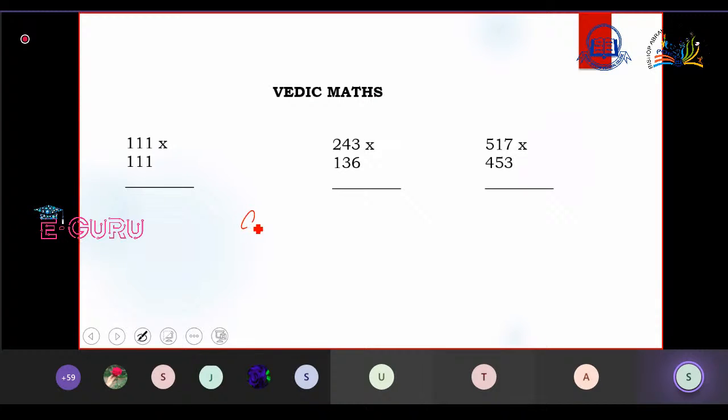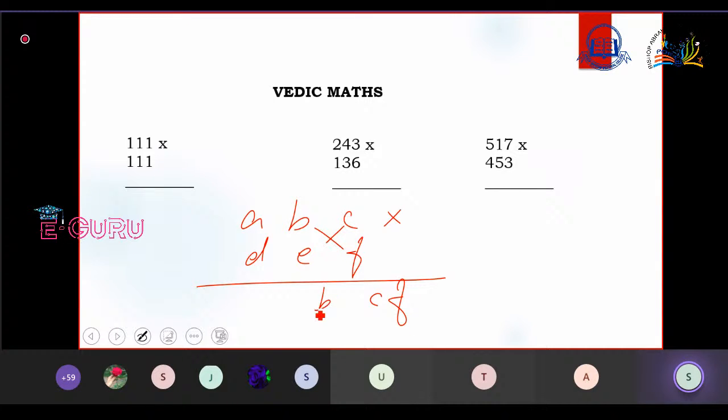Now it comes A, B, C into D, E, F. Then it will be something like CF first, then BF plus EC. Then we will do all these three together.